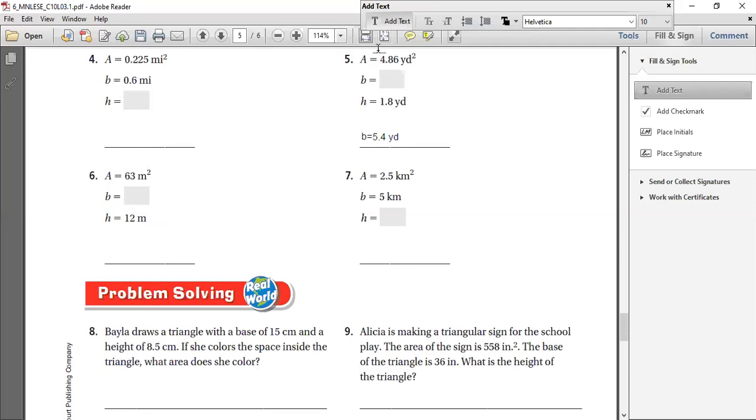So let me go back and do it again. Once you substitute the value, your equation is going to look something like this. 63 equals, that's because the area is equal to half. They did not give us the base, did they?